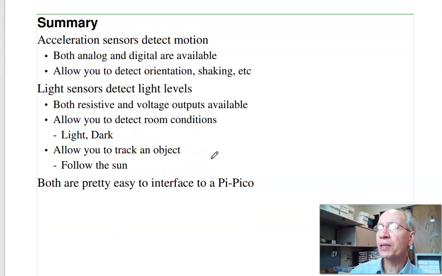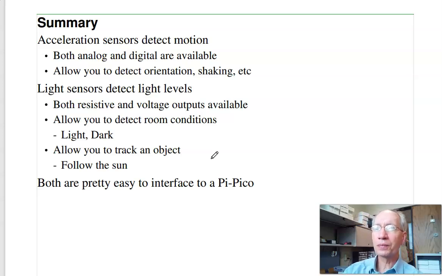So in summary, with acceleration and light sensors, you can have both analog and digital sensors. Acceleration especially is available in analog and digital. That lets you detect orientation, shaking, stuff like that. With that, you can build a magic 8-ball, measure how high you can jump, stuff like that.